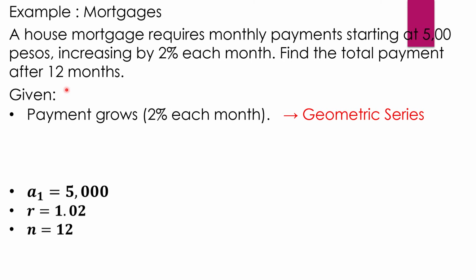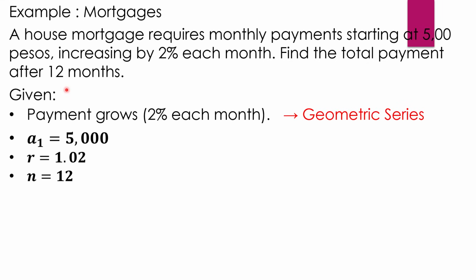So the givens are: first term, 5,000. The common ratio, 1.02. How does it become 1.02? 1 plus 0.02. Remember? Then n is equal to 12.